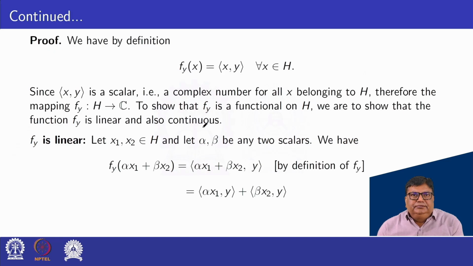Proof: we have by definition Fy(x) is equal to the inner product of x and y. Since the inner product of x and y is a scalar, that is, a complex number for all x belonging to H, the mapping Fy is from H to C, the set of complex numbers.